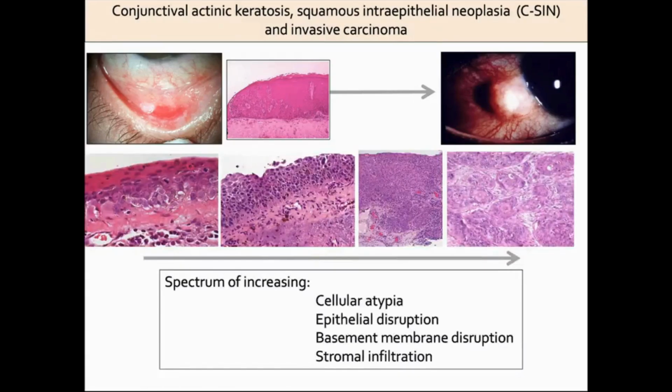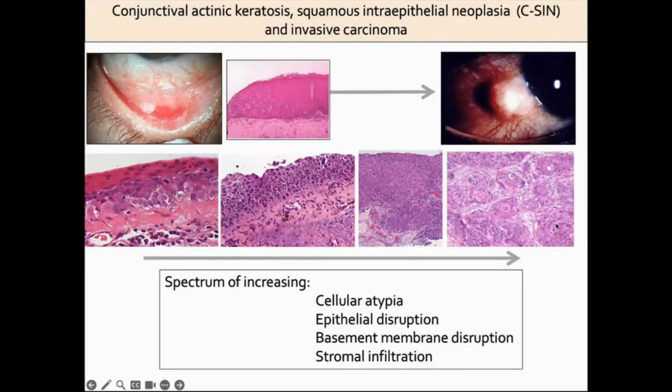So the conjunctiva undergoes squamous metaplasia with varying degrees of keratinization, and simultaneously you get varying degrees of dysplasia, predominantly of the basal layer. So you get mild, moderate, and then ultimately severe dysplasia of the conjunctival epithelium, and then ultimately you get the invasive carcinoma.